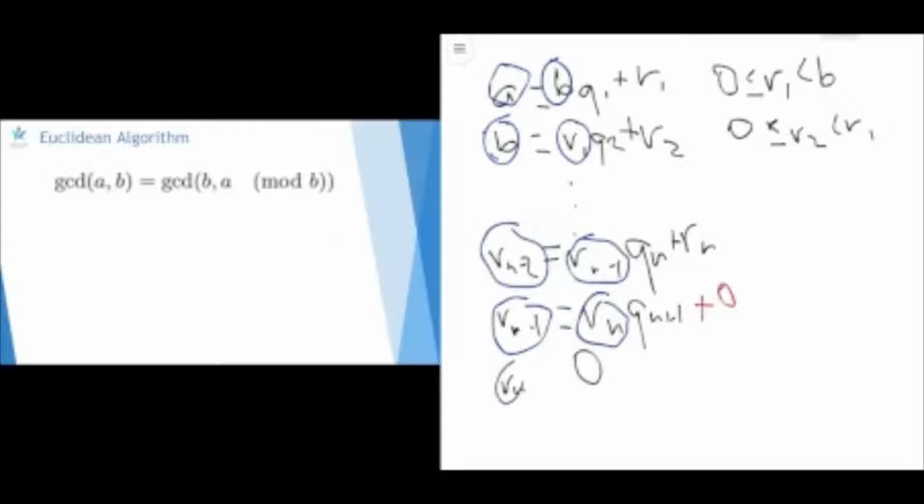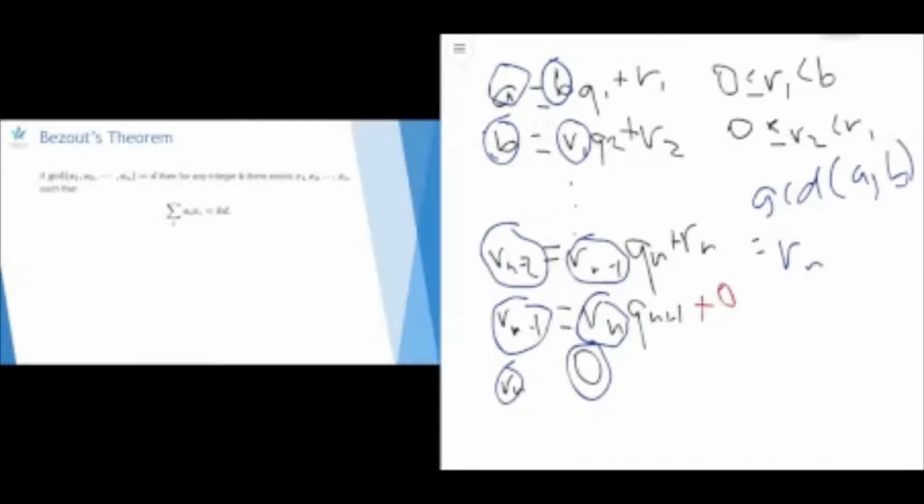So the GCD of R of n and 0 is equal to all of these. But the GCD of R of n and 0 is just R of n. So that means the GCD of A and B is equal to R of n. Right?